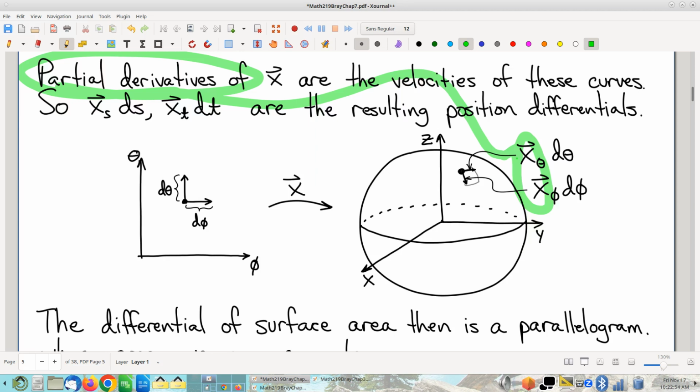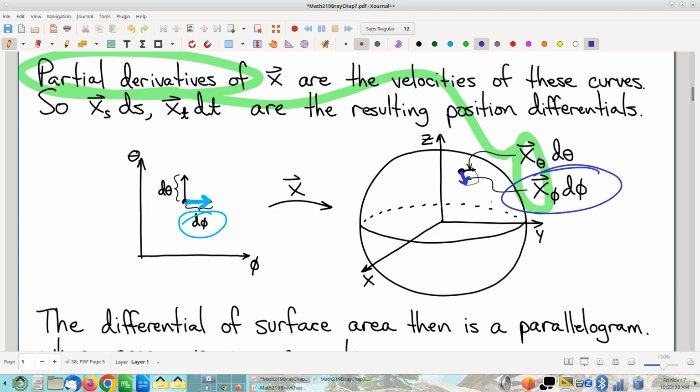And so with that in mind, if I displace by some amount d phi over here in the phi theta plane, there will be a corresponding differential that results in the output. In other words, if I move in the phi direction by some teeny tiny little amount, then that'll move me along the surface of the sphere by correspondingly some tiny little amount. And again, the velocity, aka the partial derivative, is what makes that connection between those differentials.